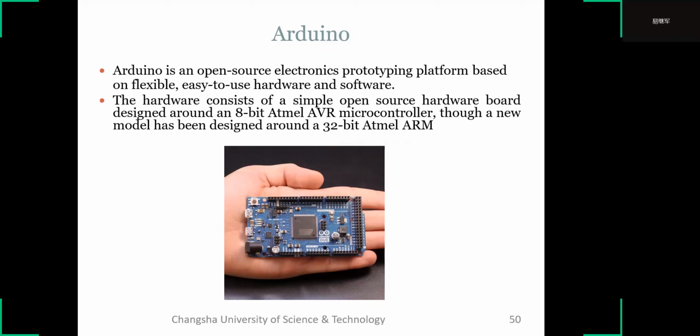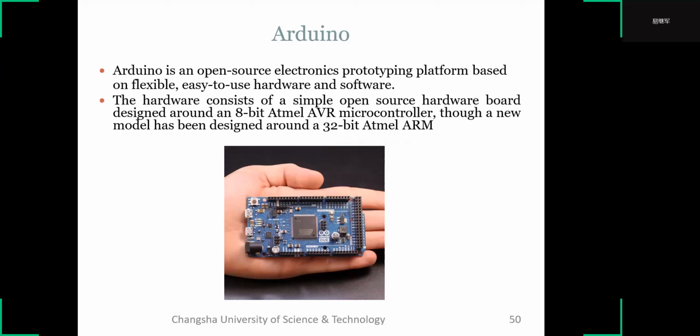Next, I introduce the Arduino. Arduino is an open source electronics prototyping platform based on flexible, easy to use hardware and software.